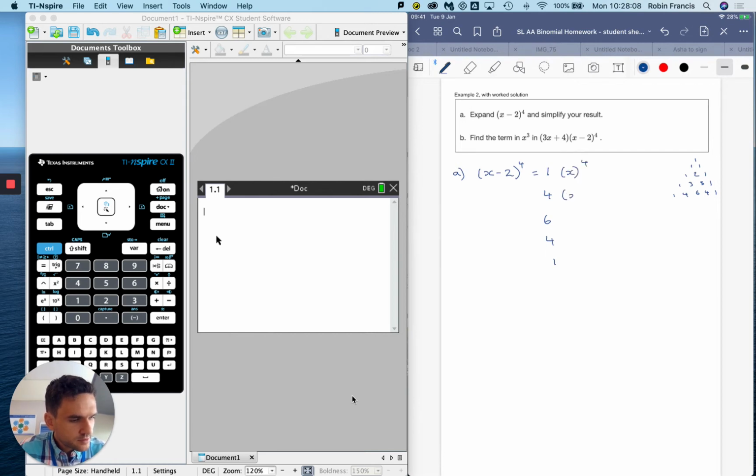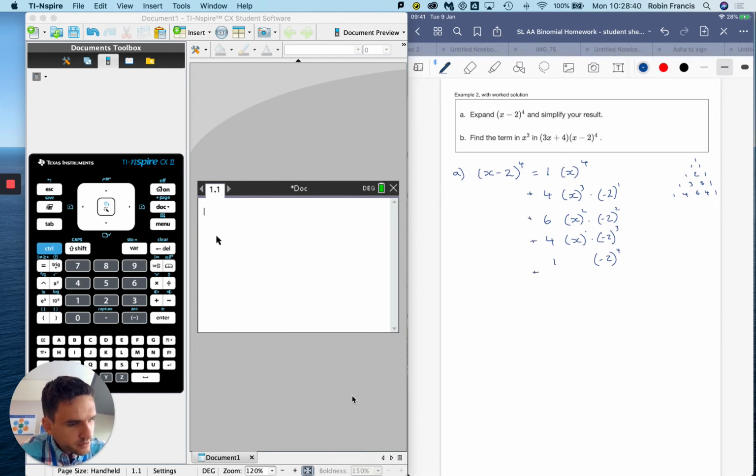That reduces each time, x to the 3, x to the 2, and x to the 1. X to the 0 I don't need to bother with. Then the other term, negative 2, needs to raise to the 4 here, multiplied by negative 2 to the 3, minus 2 squared, and minus 2 to the 1. So this is how I like to set it up, and these are all added together.